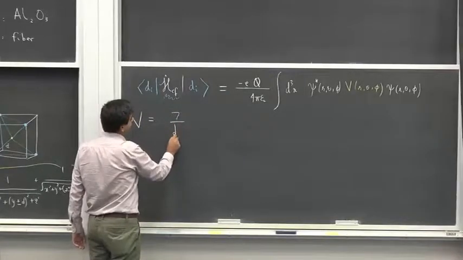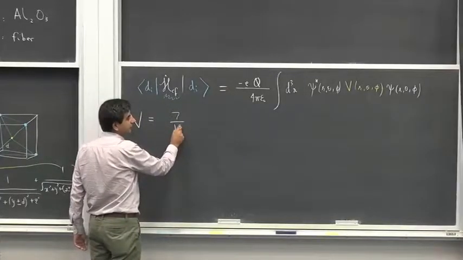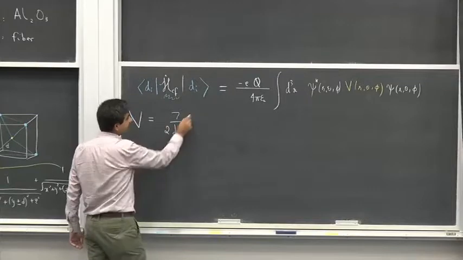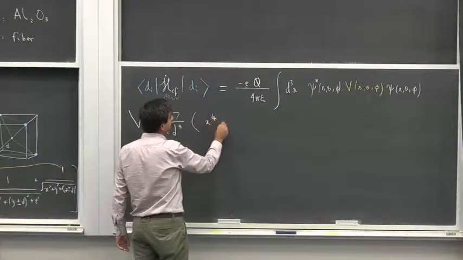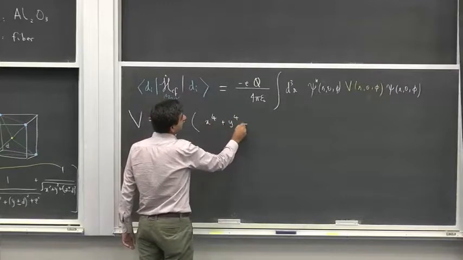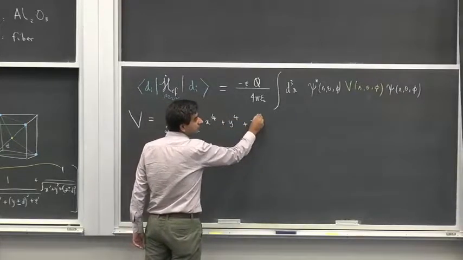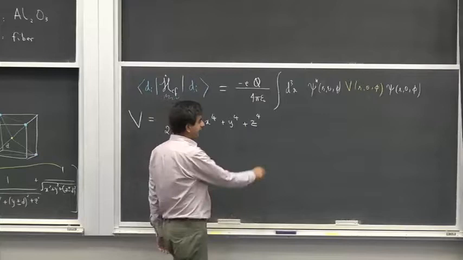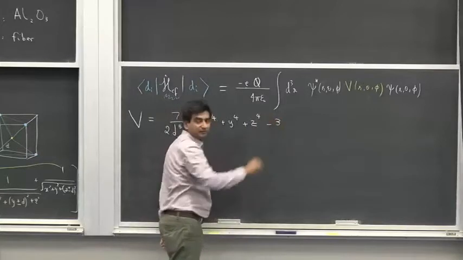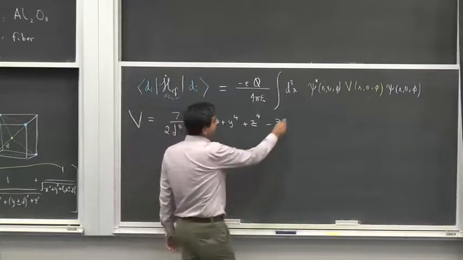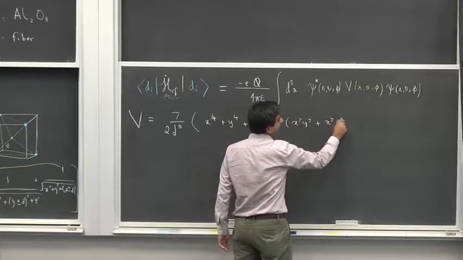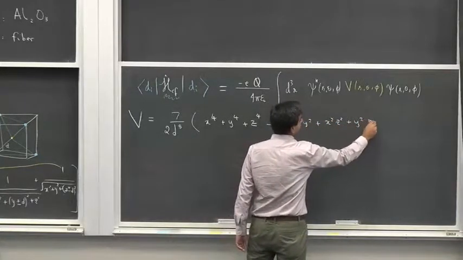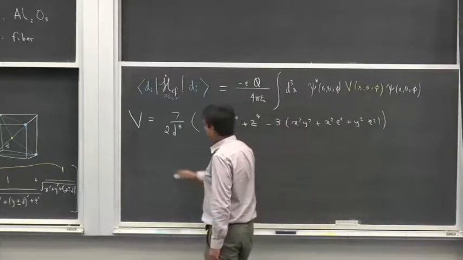Seven over 2d5 times x raised to power 4 plus y raised to power 4 plus z raised to power 4 minus 3 times x square y square plus x square z square plus y square z square. This is my potential.